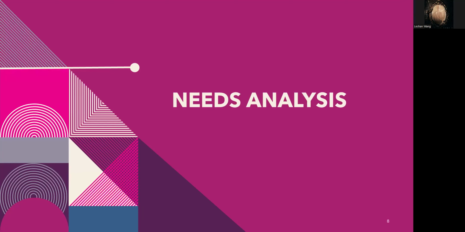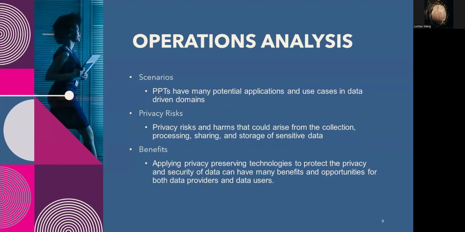Okay, so the second part is needs analysis, which is the major part of this report. So we have to consider many aspects of the needs. The first section of the needs analysis is operations analysis.